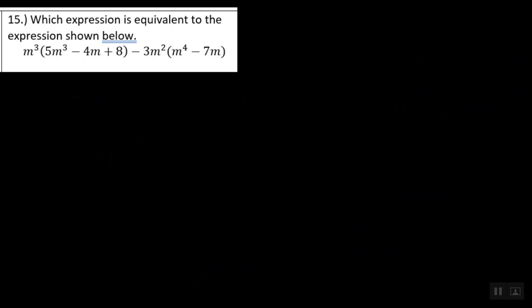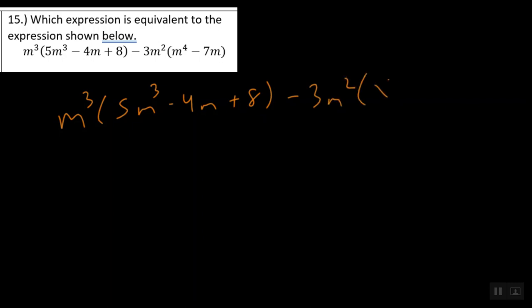Okay, problem 15. Now, I'm not going to lie, this is relatively easy. We've been doing a lot of this since maybe the 4th or 5th lesson of the year. So the only thing I'll show you, just as a quick refresher, is what it looks like to distribute one of these terms. And I'll give you a little hint for the second part. Well, we know that right here we have an m cubed times everything inside this parentheses.